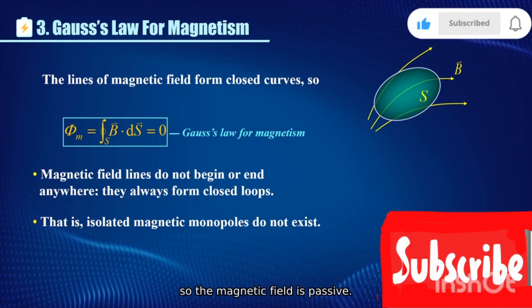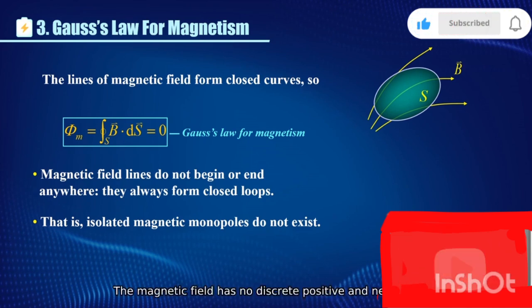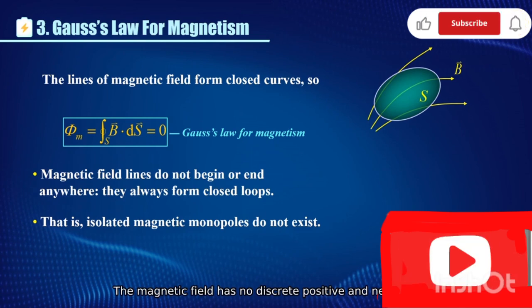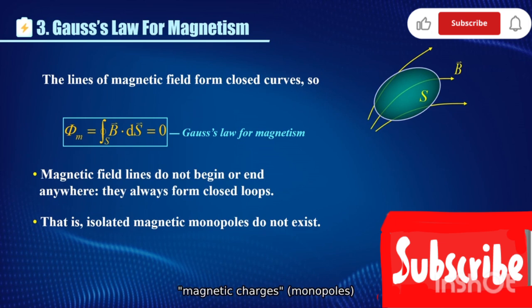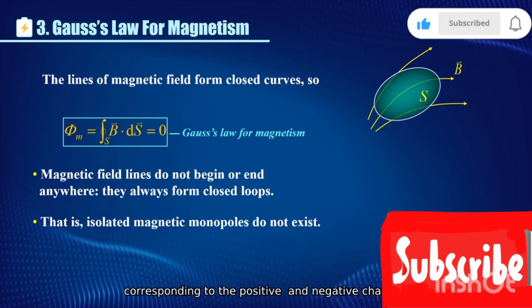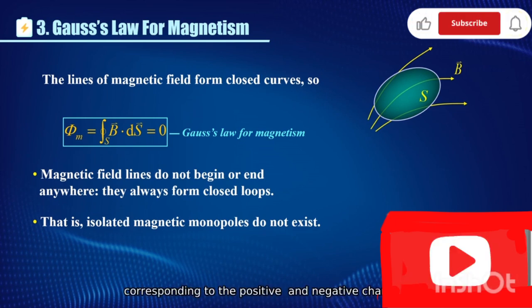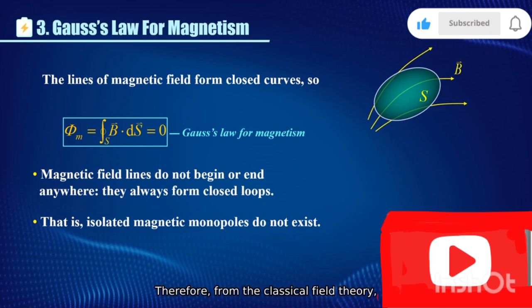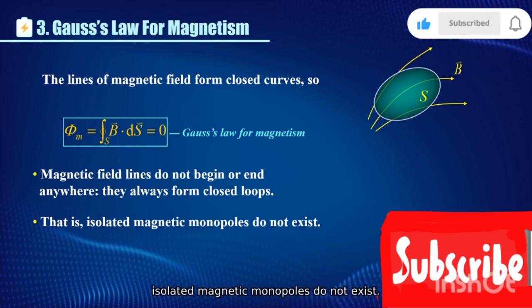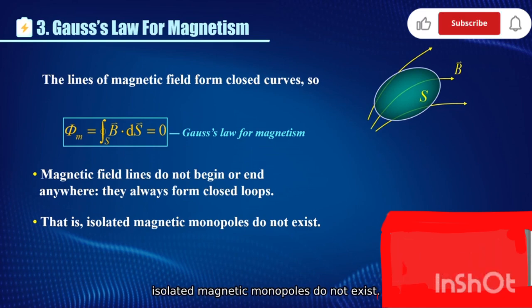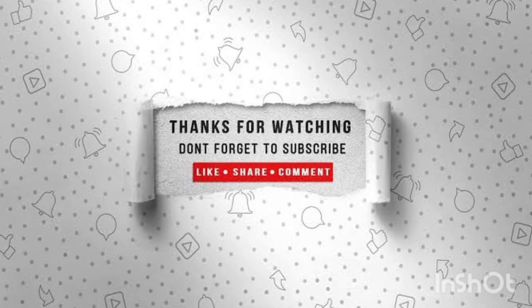So, the magnetic field is passive. The magnetic field has no discrete positive or negative magnetic charges, or monopoles, corresponding to positive and negative electric charges. Therefore, from classical field theory, isolated magnetic monopoles do not exist. That's all for this section.